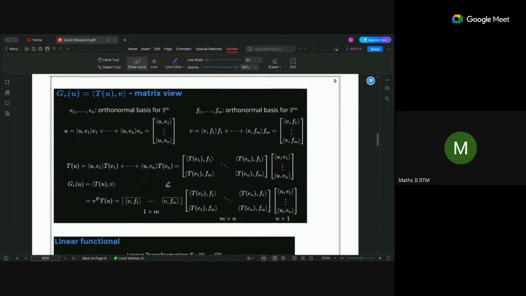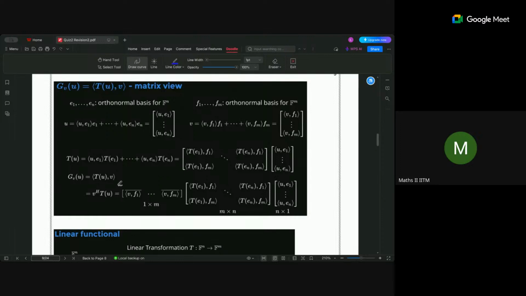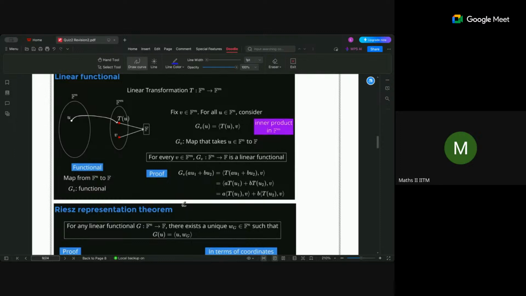For a linear functional like this, you have this kind of matrix representation, where f1, f2, ..., fm are an orthonormal basis for F^m, and e1, e2, ..., en are an orthonormal basis for F^n. Okay, fine. So for every v in F^m, g_v from F^n to F is a linear functional. Whenever you are defining something like this, it is a linear functional, which means it is a linear transformation.